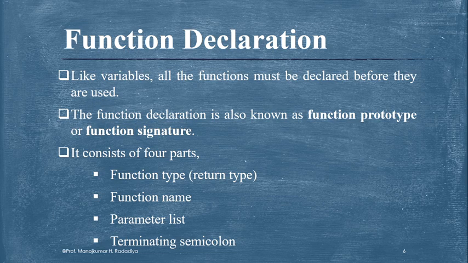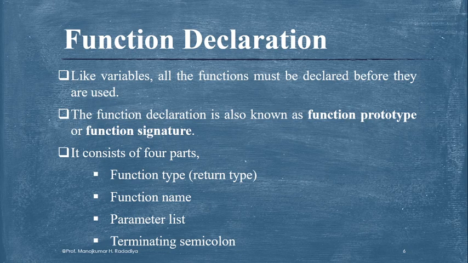Likewise, if we want to use a function in the further program, we have to declare the function first. The function declaration is also named the function prototype or function signature. So we can call function declaration by two other names: function prototype and function signature.